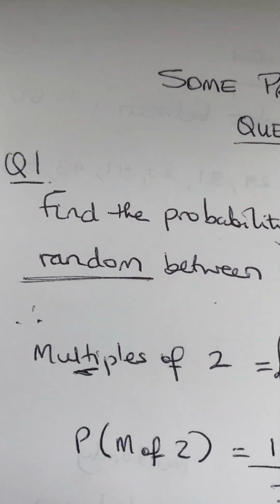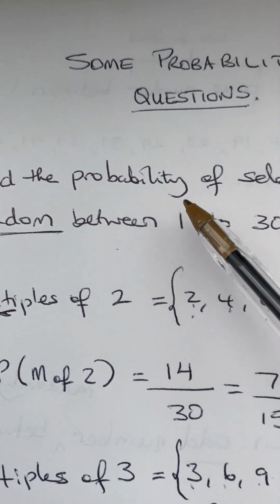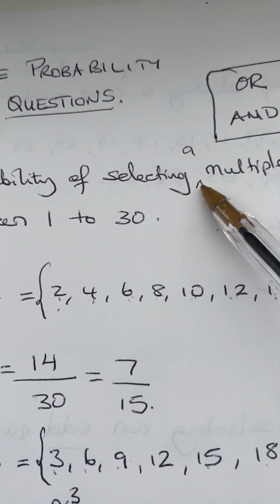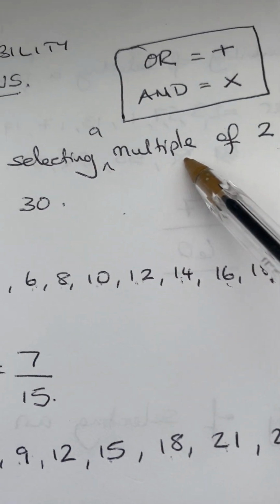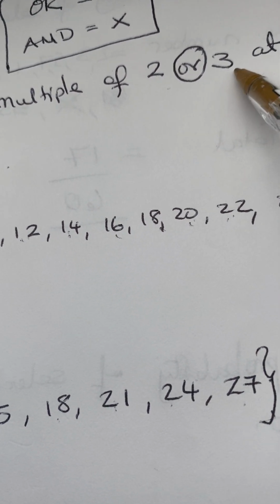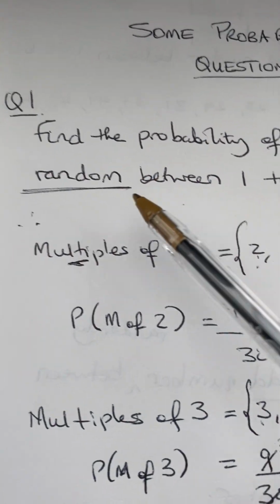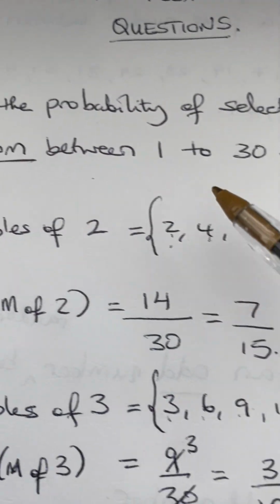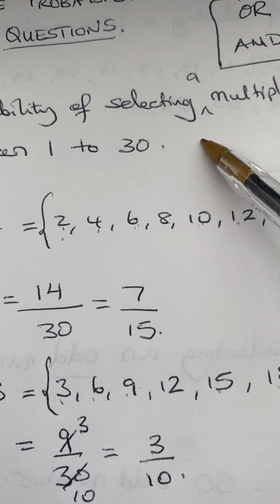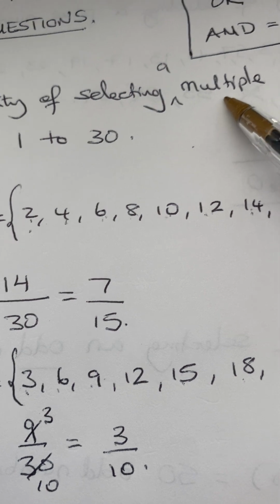So here, the first question I have is, find the probability of selecting a multiple of 2 or 3 at random between 1 to 30. Okay, now the word here is multiple.